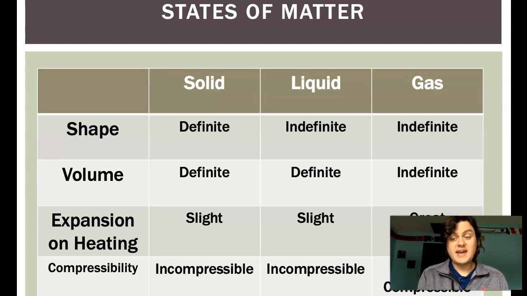If we heat a gas and it has space to move, the expansion will be great. So just to help out, gas will greatly expand upon heating, and it is readily compressible when pressure is applied.